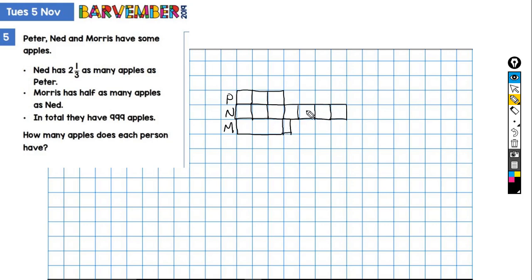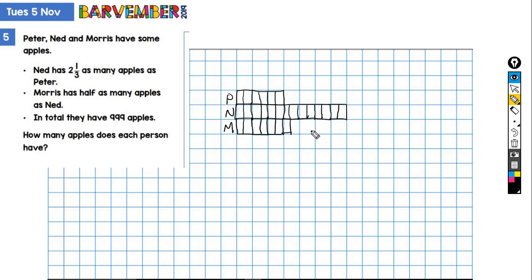So we're going to be dividing all of these into sixths. I started off in thirds. Oh, I really can't draw a straight line to save my life, but there we go. So I'm now working in sixths. I hope that makes sense, and that's something that a bar model makes really easy to see.